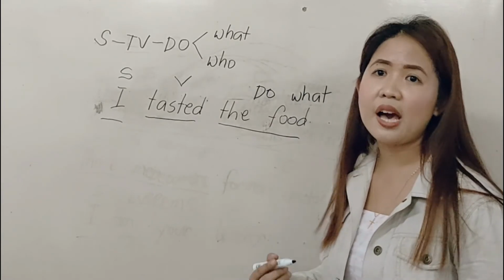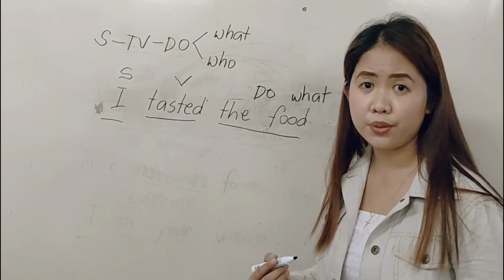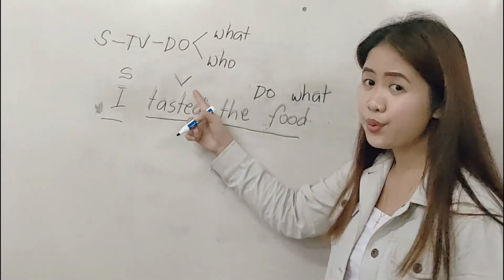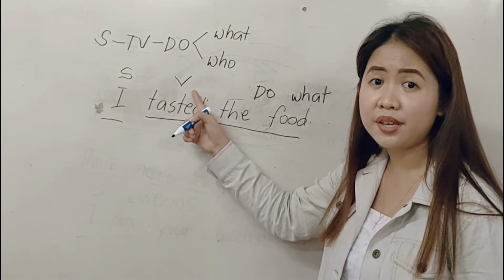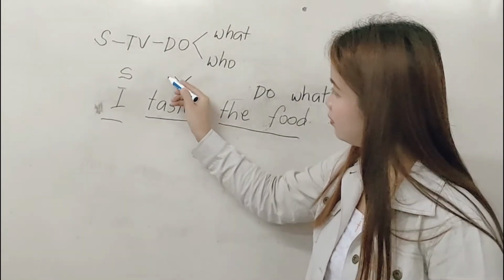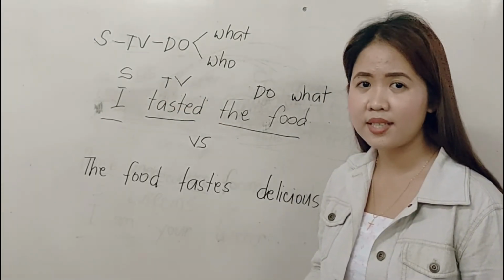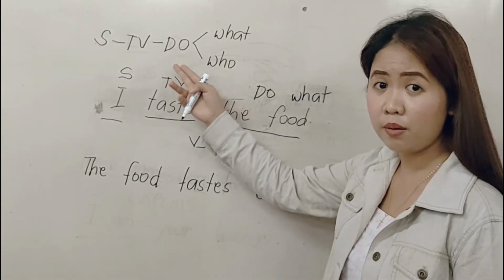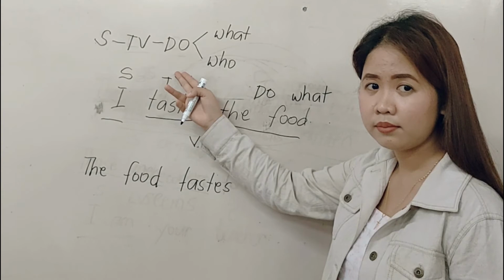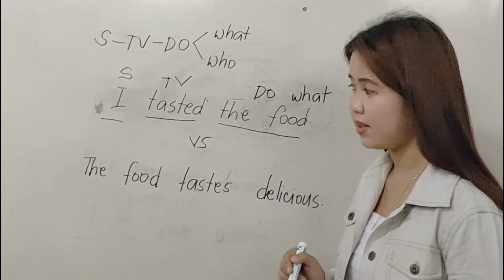Now, if we have a direct object in the sentence, it is understood that this verb will now be labeled as a transitive verb. Now, let's try to compare sentences with a subject-transitive verb direct object pattern from a subject linking verb complement.